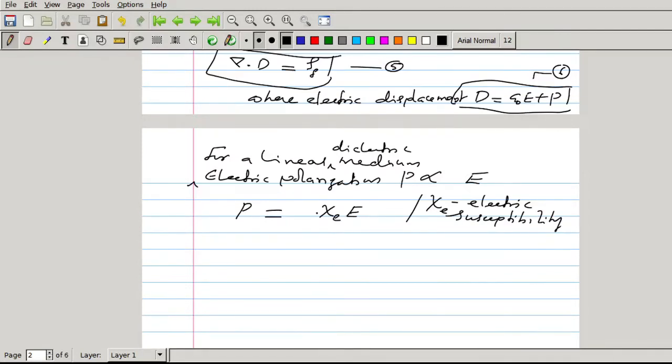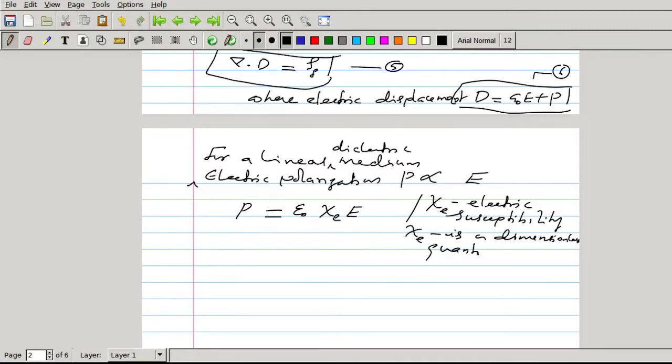Actually, the dimensions of polarization and electric field intensity are different. To make chi E dimensionless, we multiply by the constant epsilon 0. So epsilon 0 E and P have the same dimension, and chi E is a dimensionless quantity.